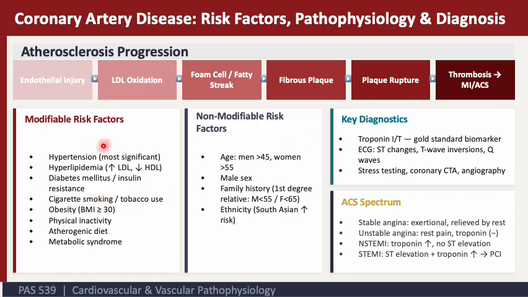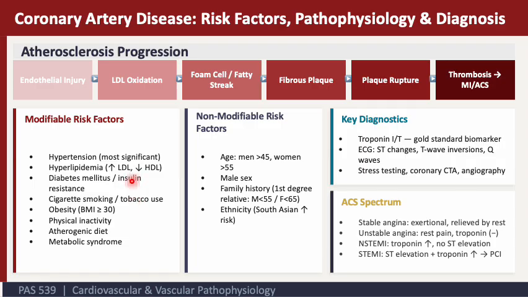So some modifiable risk factors, meaning things that can be modified to decrease the risk. One is hypertension. The second one is hyperlipidemia, especially with an elevated LDL, as well as a low HDL.